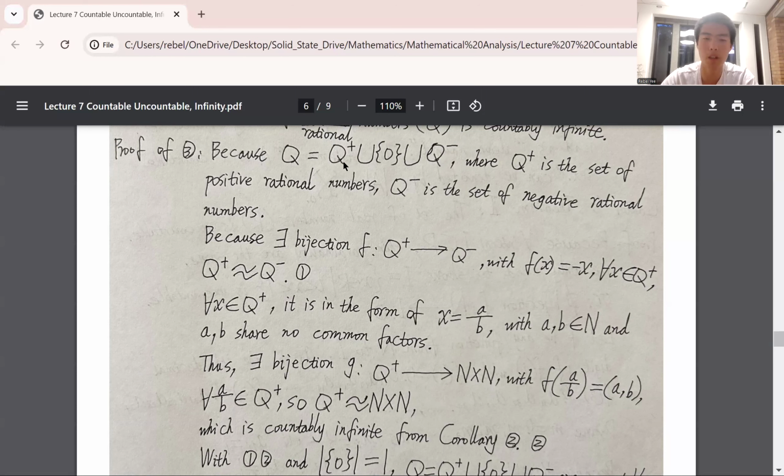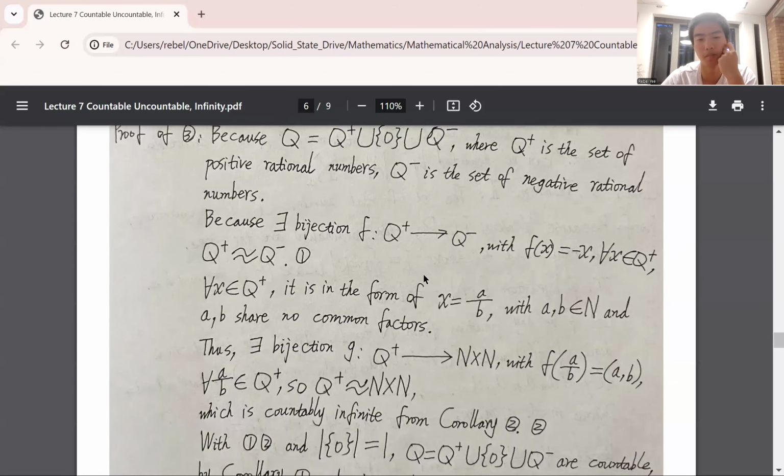They are pairwise disjoint sets, so we can add their cardinalities together. So maybe we just need to find Q plus. For Q plus, there's a bijection from positive rationals to negative rationals. We just set up that.